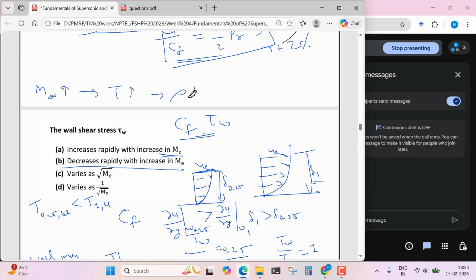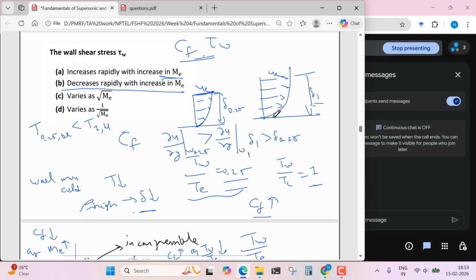It means density will decrease. If density is decreasing, boundary layer thickness is increasing. With more boundary layer thickness, the velocity gradient will be low, and if the velocity gradient is low, CF is low. So if Mach number increases, then CF will decrease.